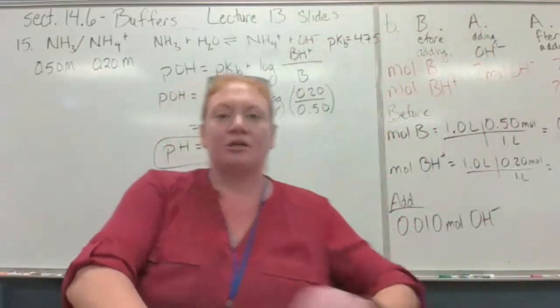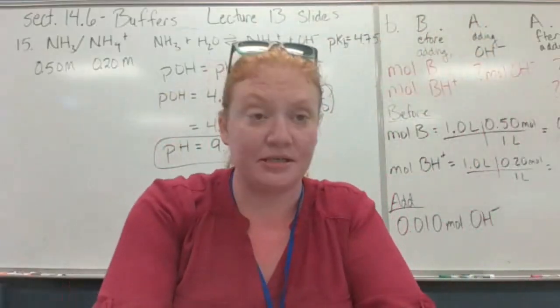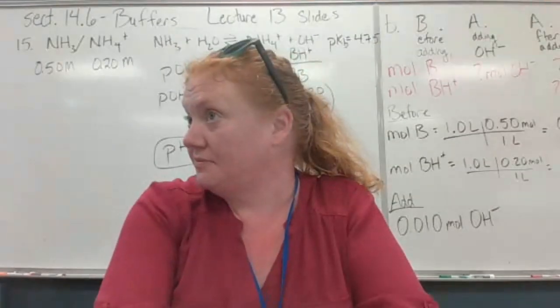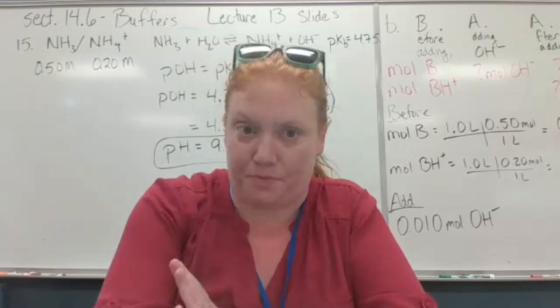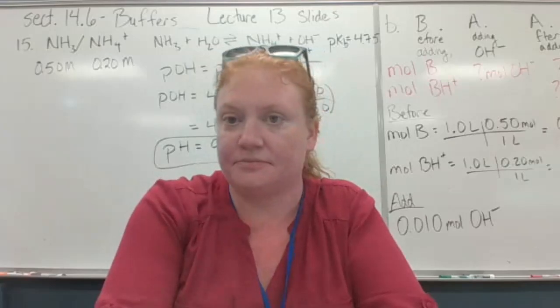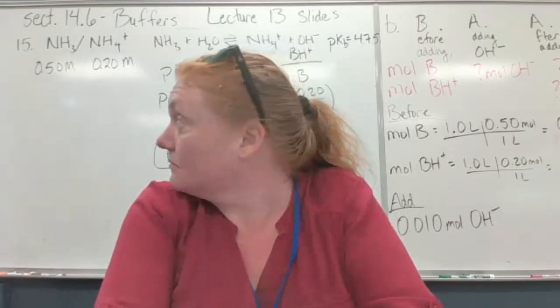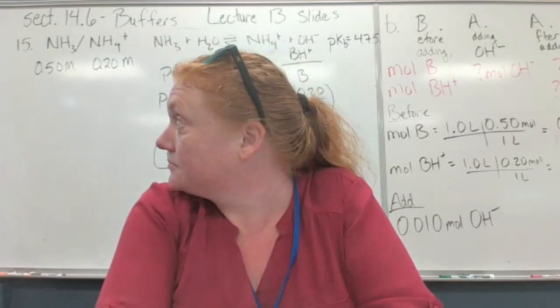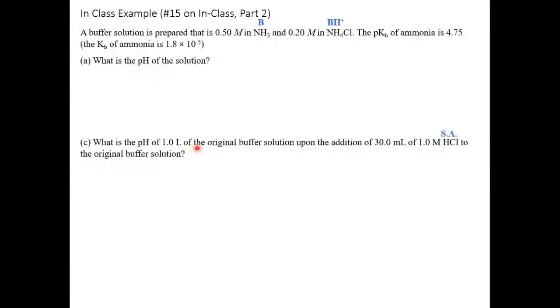You can use the same before, right? Yep. Okay, so on C, once again, I'm using 1 liter of the original buffer from part A. So you can calculate your befores, and now we can calculate the added moles of H3O plus.